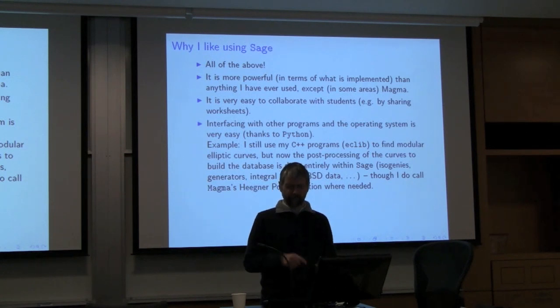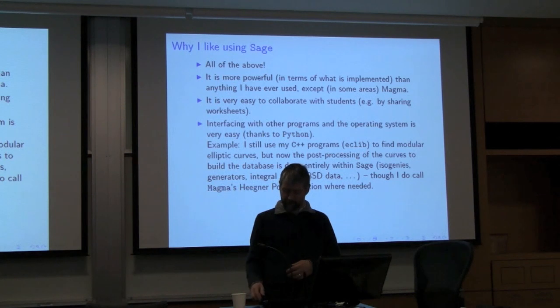I used to have horrible scripts running these and managing files and so on. I now have a Sage script that does this, and most of the computation of this post-processing is done within Sage itself.